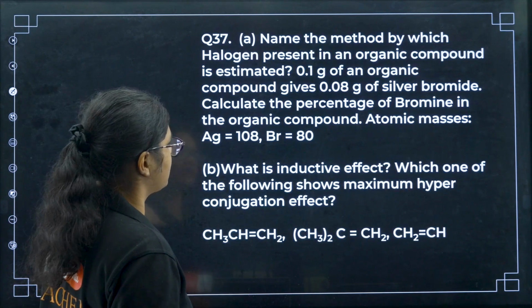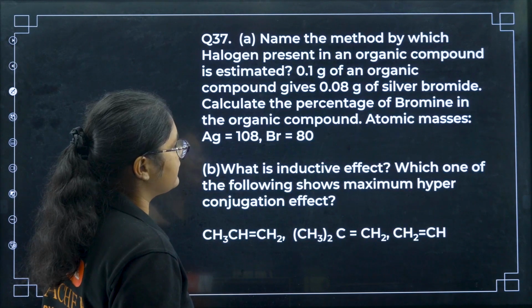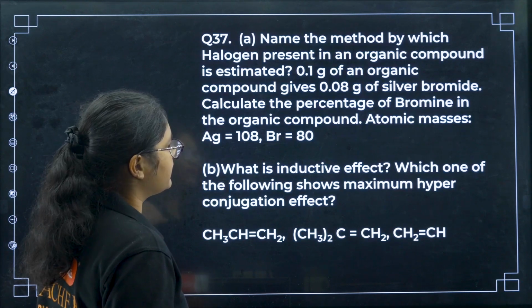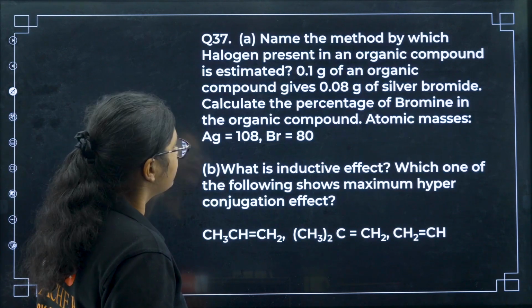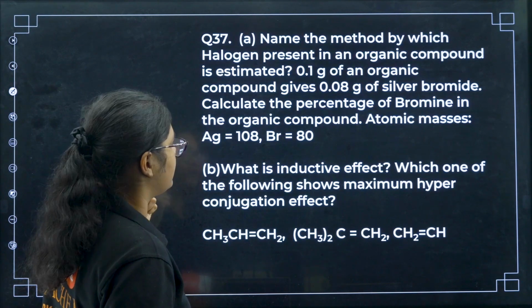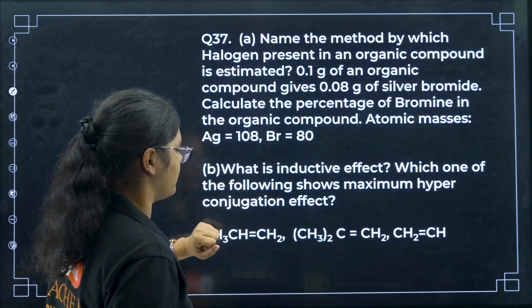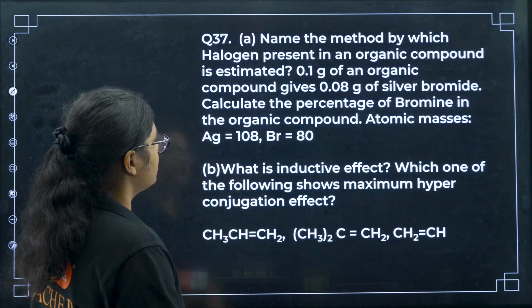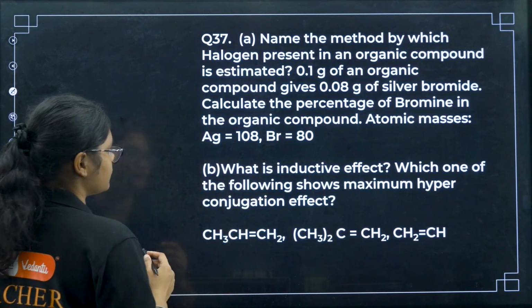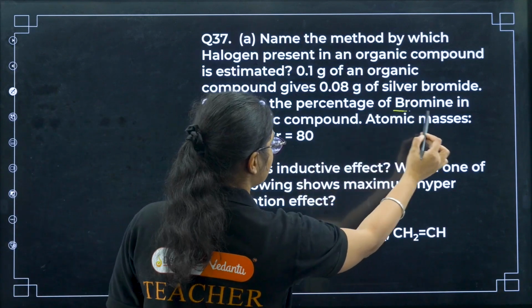0.1 gram of an organic compound gives 0.08 gram of silver bromide. Calculate the percentage of bromine in the organic compound, atomic masses given. Okay, so first of all, we know this formula, right? So calculate the percentage of bromine.